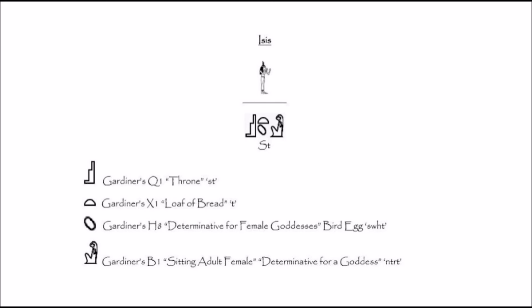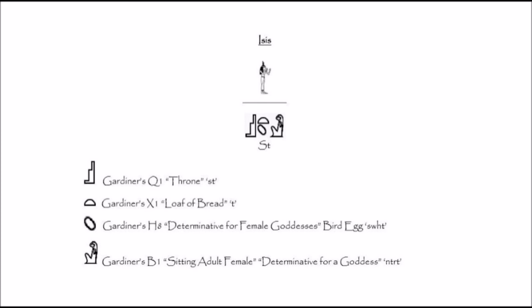This is a T in phonemes, and this signifies a female, a feminine singular ending, and so this is one female, ST, and then you have an egg.